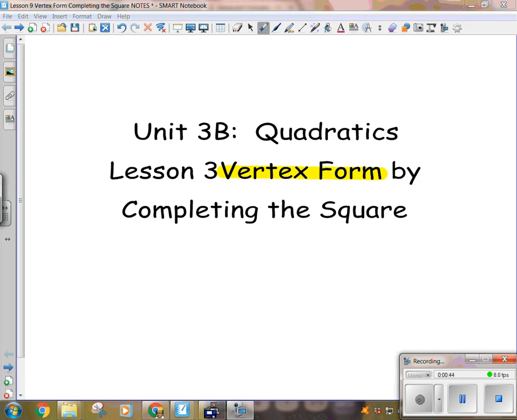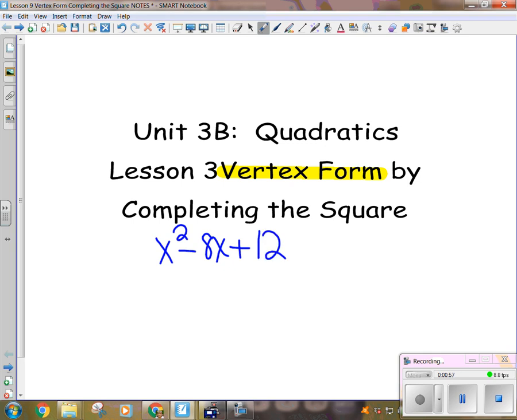All right. When we were in the last unit, you worked with equations like this. For example, x squared minus 8x plus 12. Do you remember working with anything like that? What if we said equals 0, and then we said, okay, let's do parentheses. You remember that?